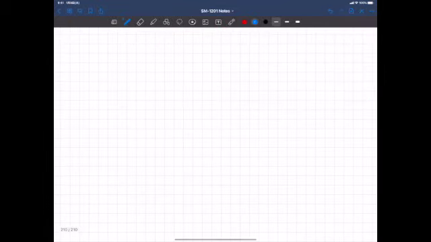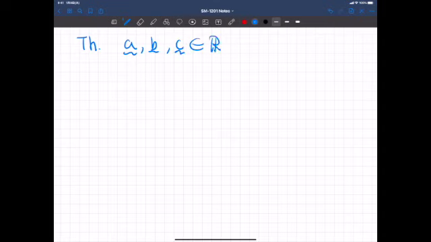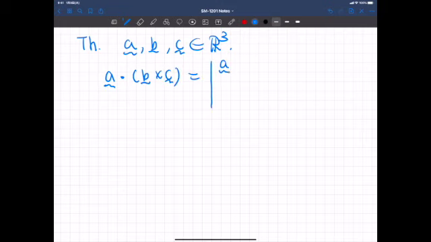Now, here is a little cute theorem regarding a triple product. Let's say A, B, C are three-dimensional vectors. Then this triple product, A dot B cross C, can be expressed as a determinant. Here A, B, C are row vectors. So let's prove this.